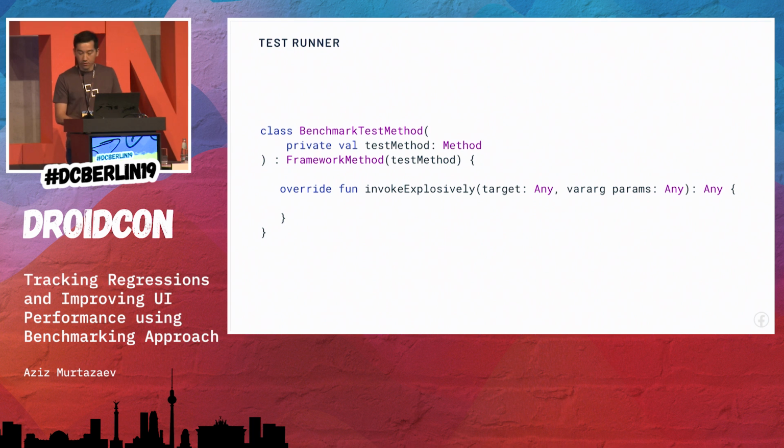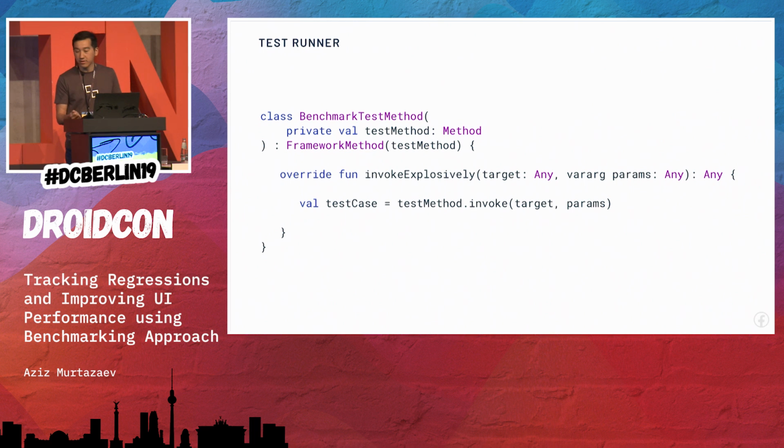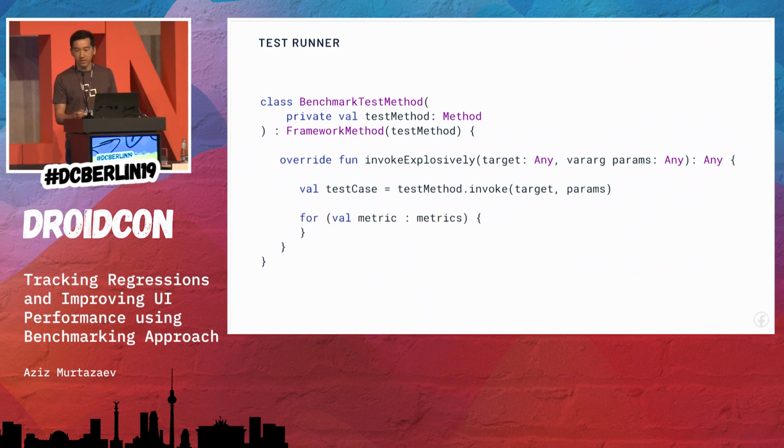First we call invoke, and unlike other JUnit tests, we are not doing assertions or any checks here. We are getting the object, the test case. And so we have the metrics that I just mentioned: create view, bind view, and layout view.